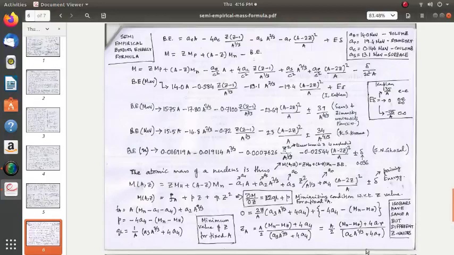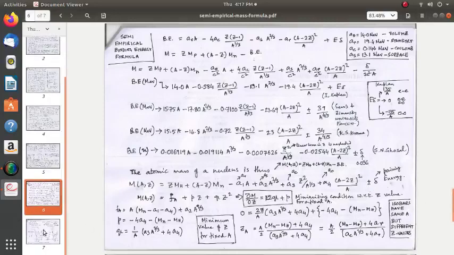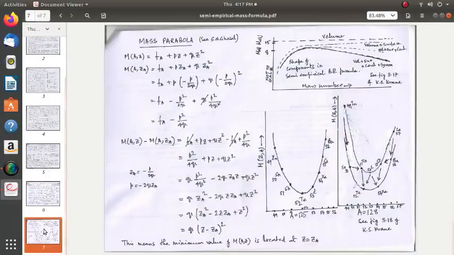So that is one of the successes of the semi-empirical mass formula. We can say that yes, we are on the right path because we can do the stability analysis of isobaric multiplets under beta plus and beta minus decays.